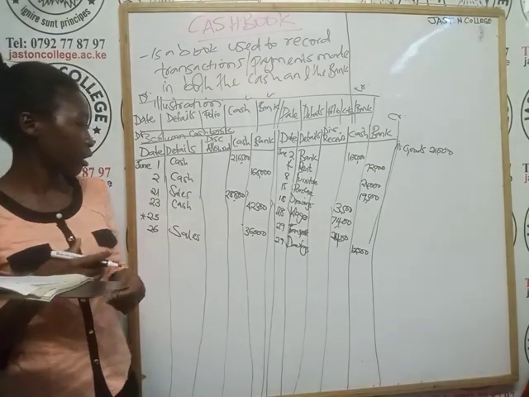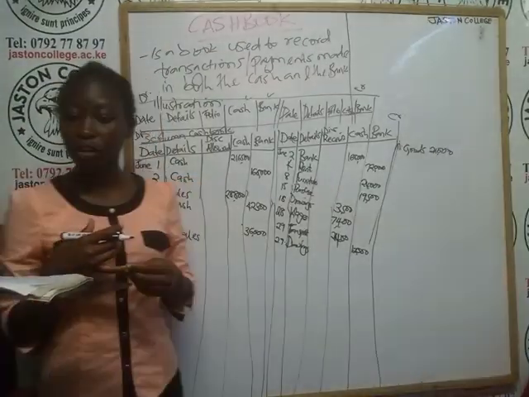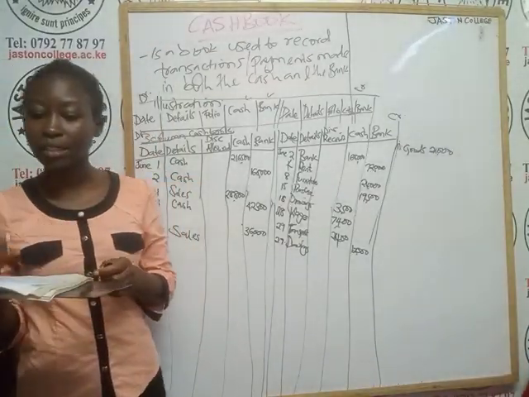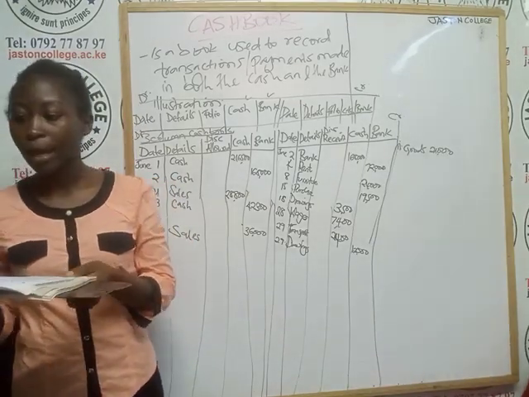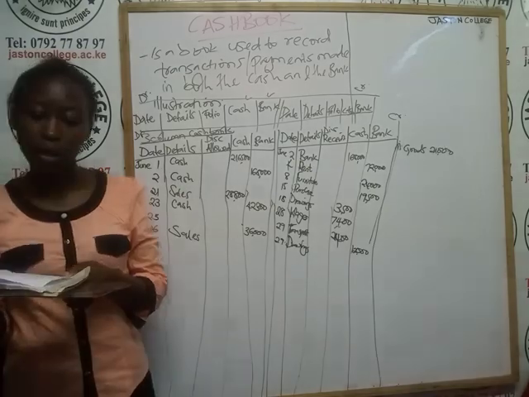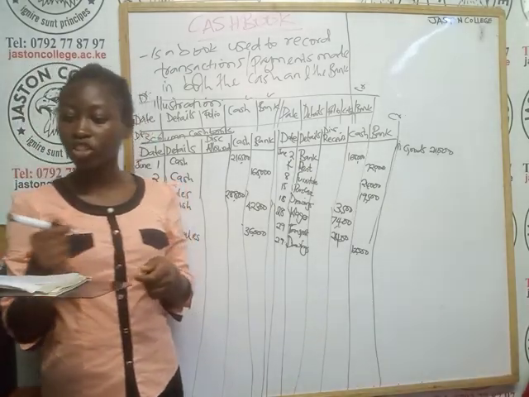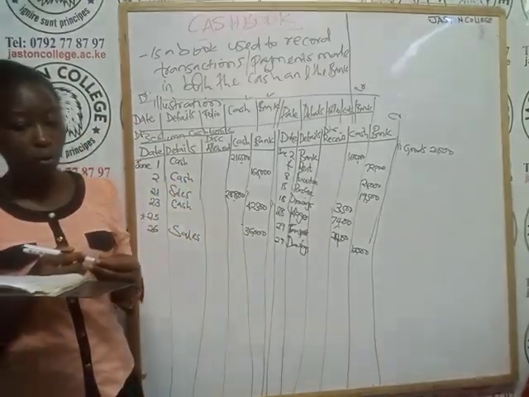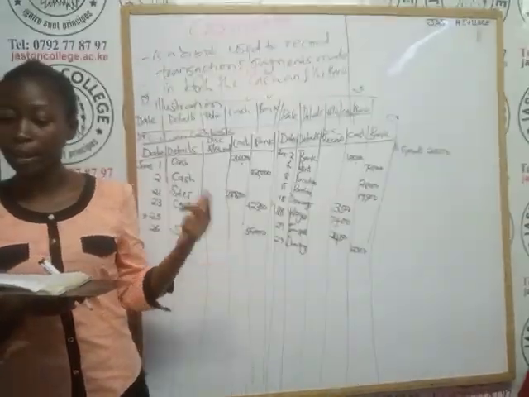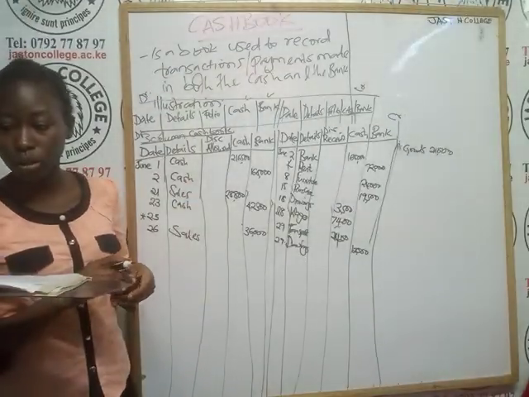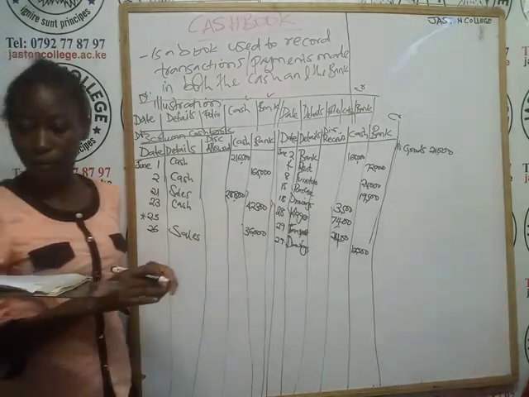Then we head on to the next date, date 30. On 30th, he paid electricity for 4,800 in cash and insurance premium for 15,000 by check. So here he made payments in both cash and bank, so we are going to credit both.